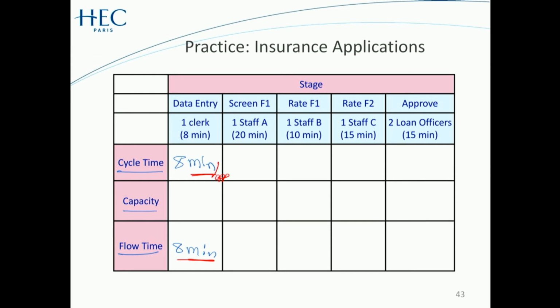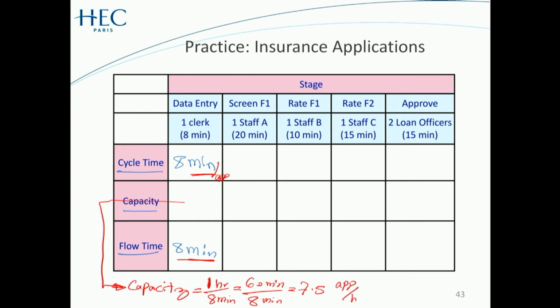In 1 hour, the capacity is going to be 1 hour divided by 8 minutes, that's 60 minutes divided by 8 minutes, and that's 7.5 applications per hour.